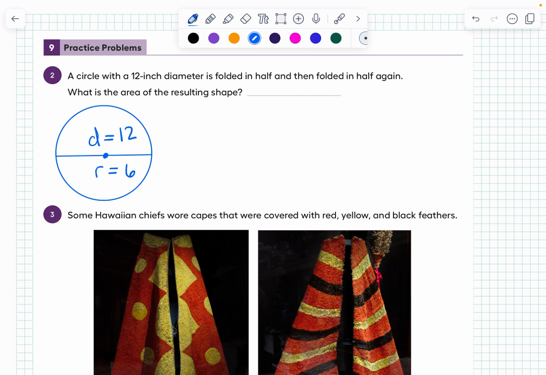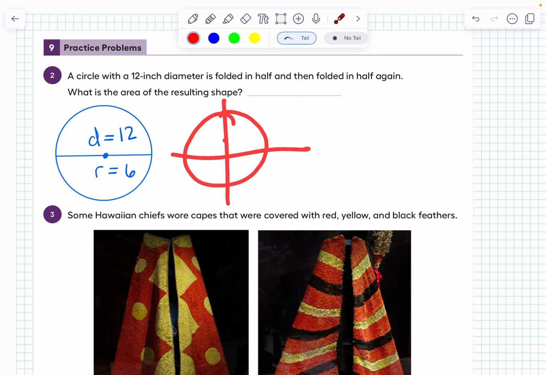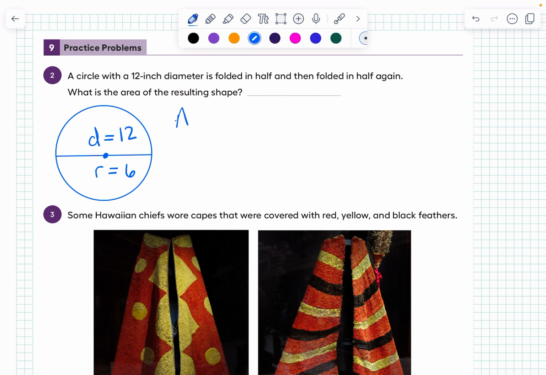So here's our plan. Our strategy is to find the area of an entire circle, and then slice it into fourths so that we only know the resulting area. So area of a circle is equal to pi times r squared.